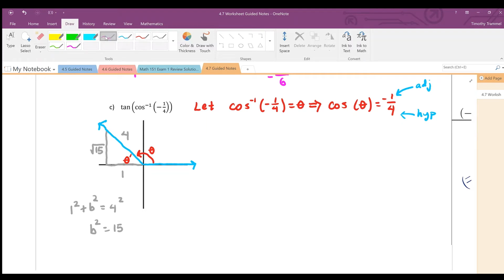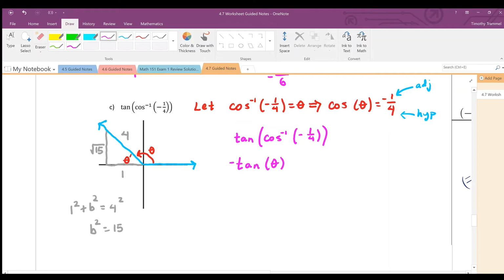So now we have everything that we need. Let me show you how we do tangent of cosine inverse of minus 1/4. You might remember we defined cosine inverse of minus 1/4 to equal theta.